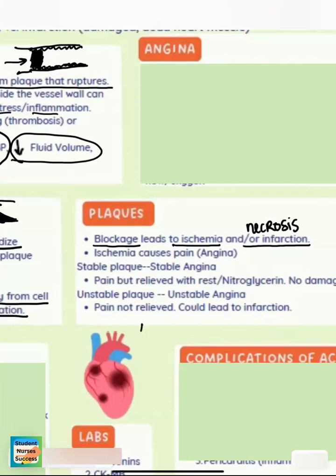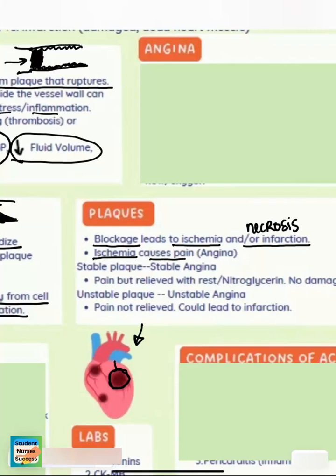In this picture down here, you can actually see necrosed areas on this heart. So this coronary artery got blocked, blood flow didn't come to this section of the heart, and this necrosed and died.